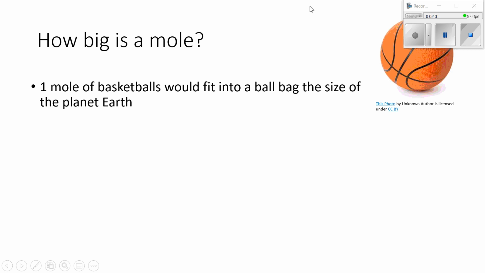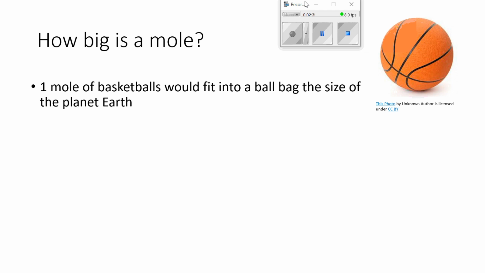Okay, so try and conceptualize the whole idea of a mole, because again, it's so big, it's kind of hard to even imagine it. So here are some examples for you to try and picture how big it is. If you had a mole of basketballs, they would fit into a bag the size of the planet Earth. So basically 1 mole of basketballs is the size of the whole planet.